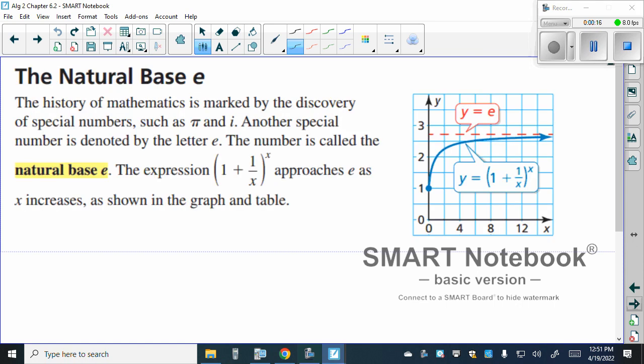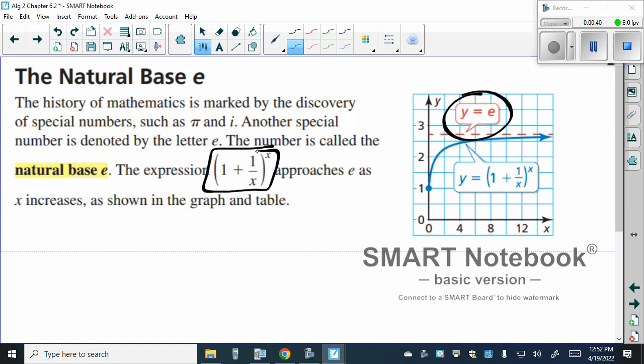What we're looking at today is, again, dealing more with these exponential functions. And what we're going to be focused on this time is the natural base e. We can approximate e's value by (1 + 1/x)^x.